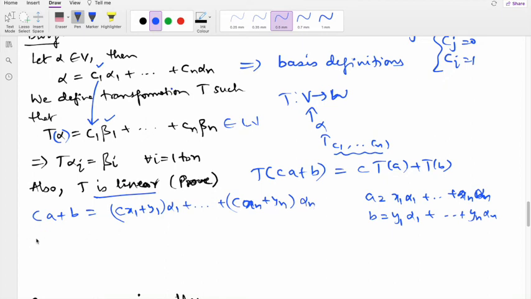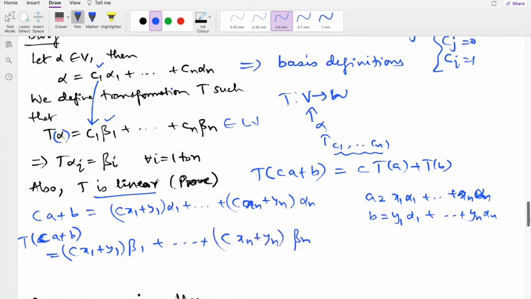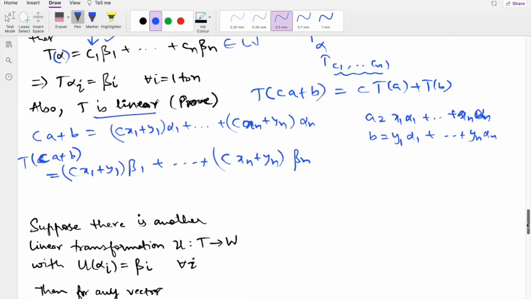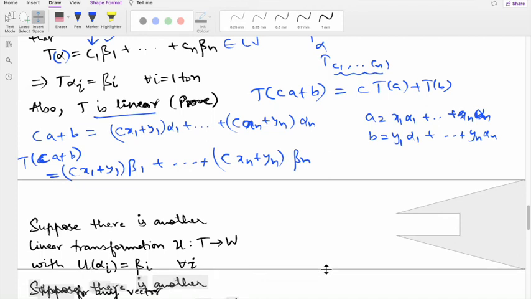Now the way I define this transformation is that if I take a vector in this format, the result of applying this transformation is just multiplying the same coefficients with beta. So I get C times Xn plus Yn times beta n. This is the result of applying this transformation.